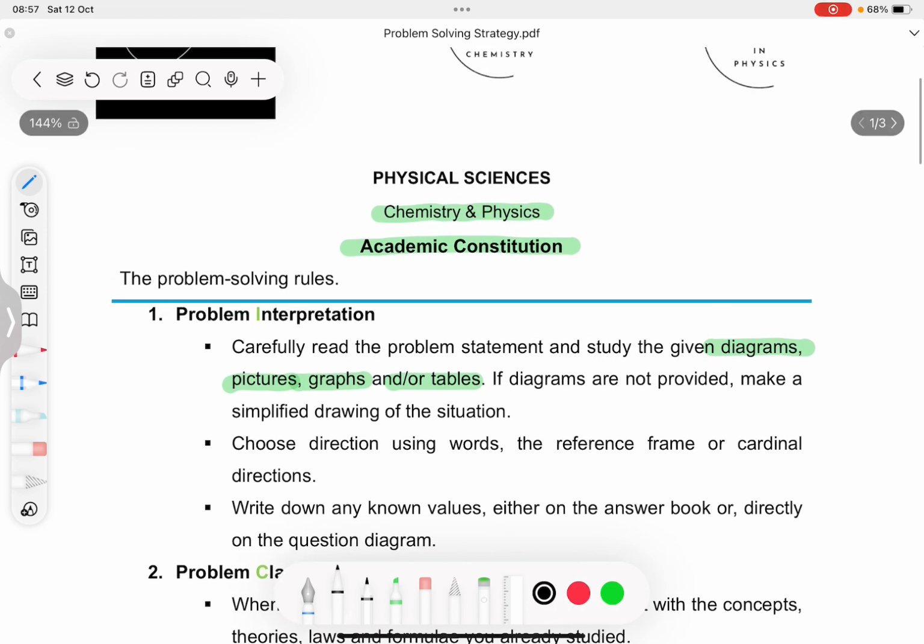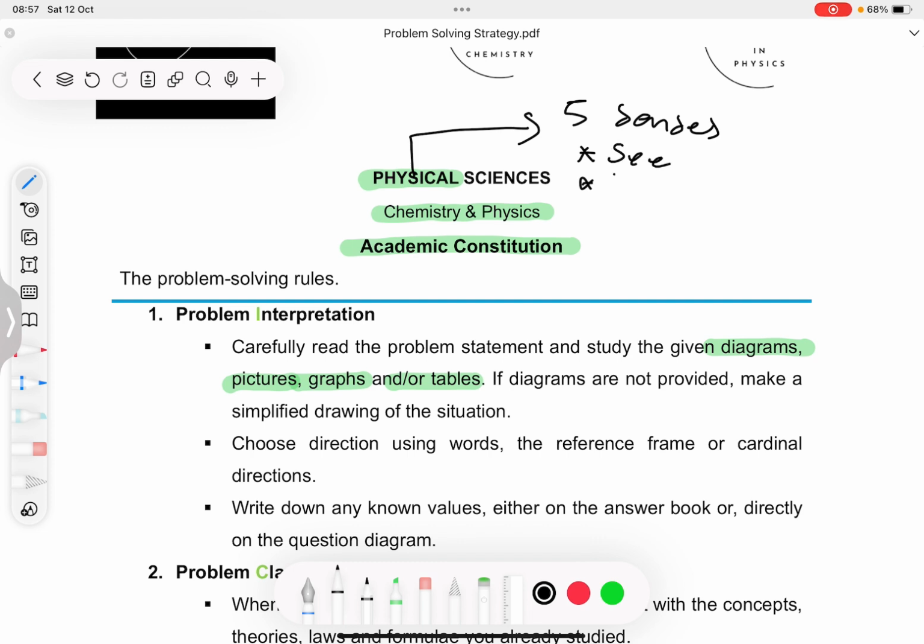It's important for you to be able to visualize the problem because of the word physical in physical science. Physical means something that we can perceive with our 5 senses. 1, we can see it. 2, we can hear it. 3, we can taste it. 4, we can smell it.